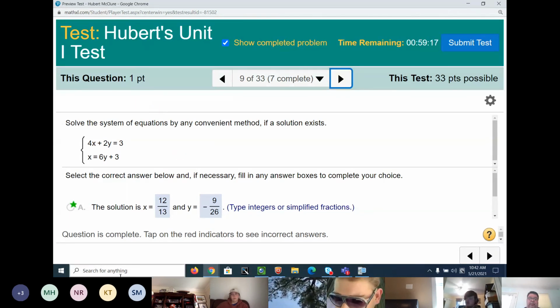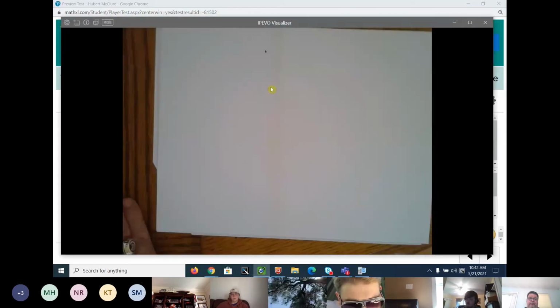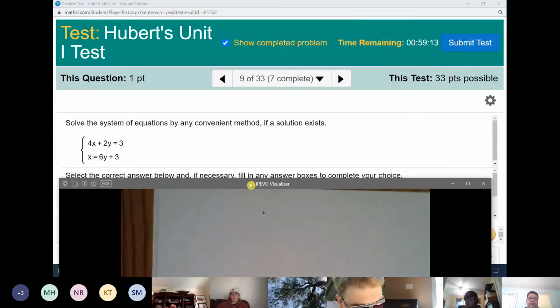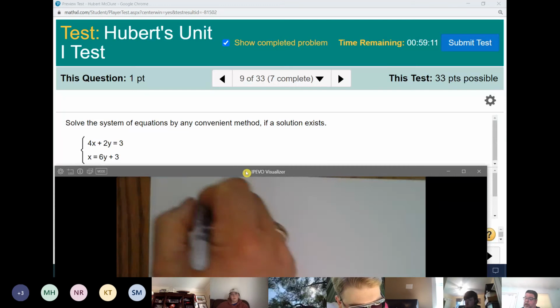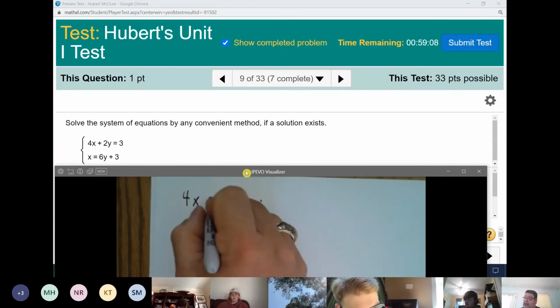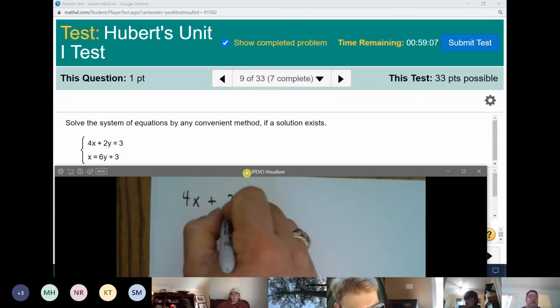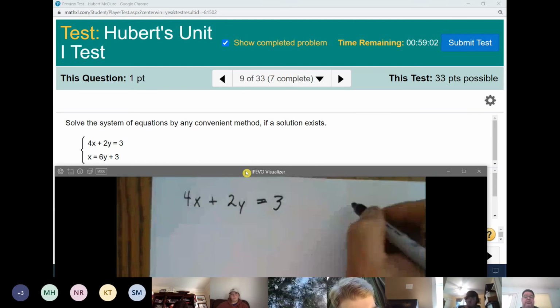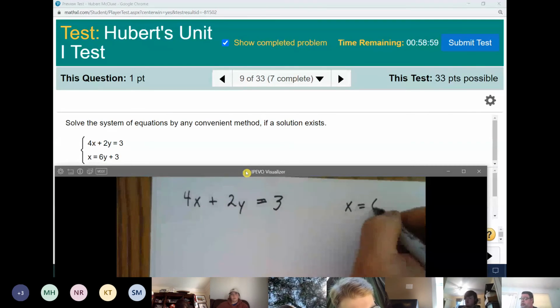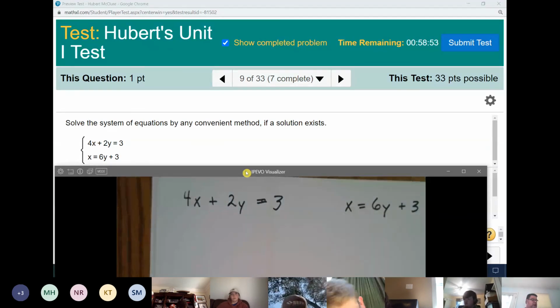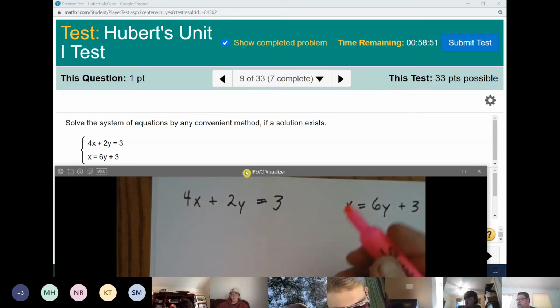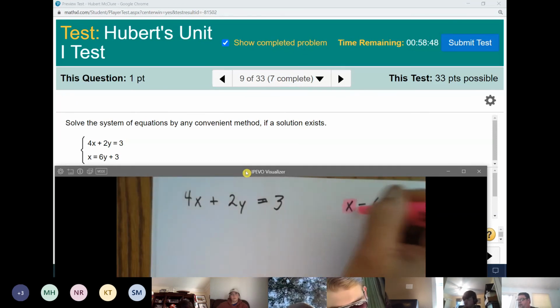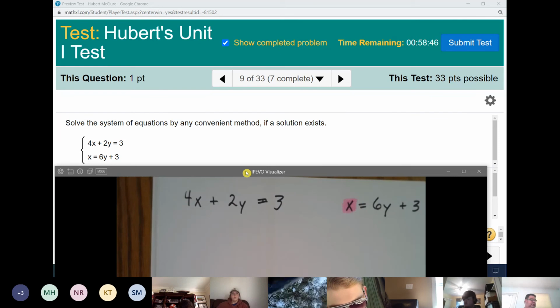So I'm going to write the problem down. 4x plus 2y equals 3. And then over here, x is equal to 6y plus 3. Well, this right here tells you to use the substitution method. That variable that's by itself tells you to use the substitution method.